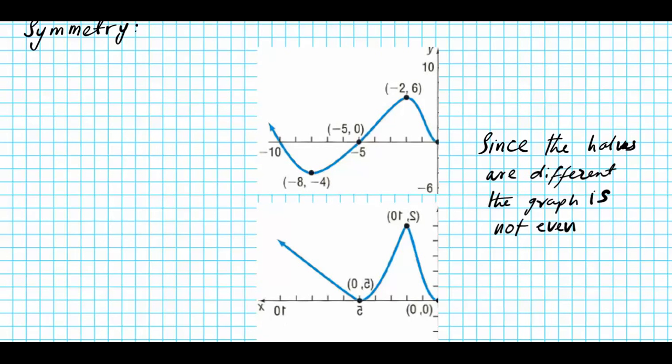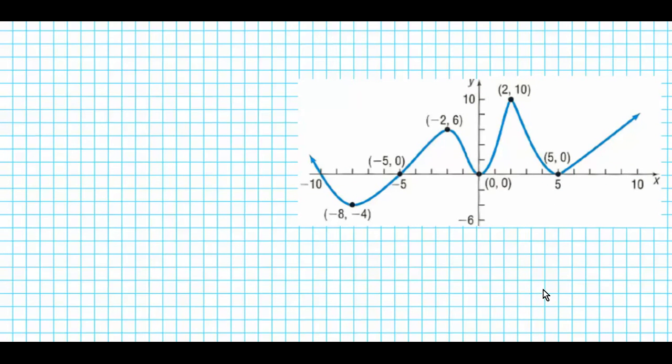All right, how about odd symmetry? How can we test to see if this graph is odd or not? To test this, we're going to take half of the graph and rotate it 180 degrees and ask ourselves, do we get an identical image after rotating half of the graph by 180 degrees?